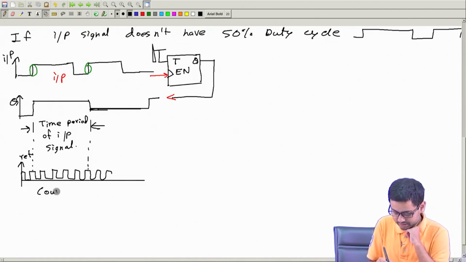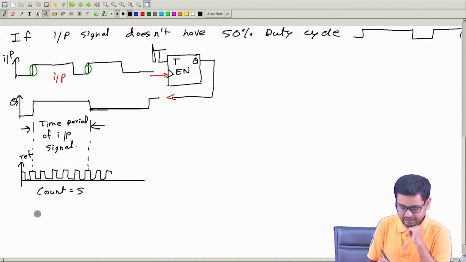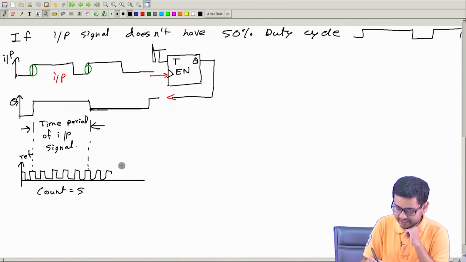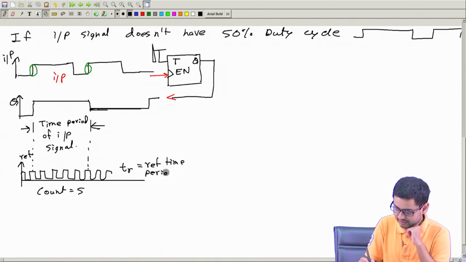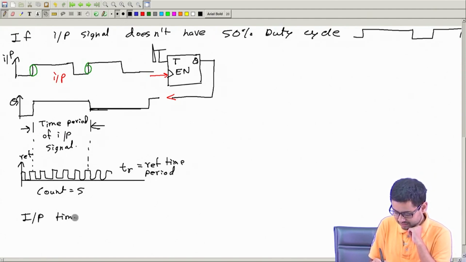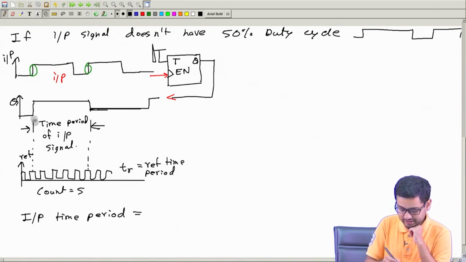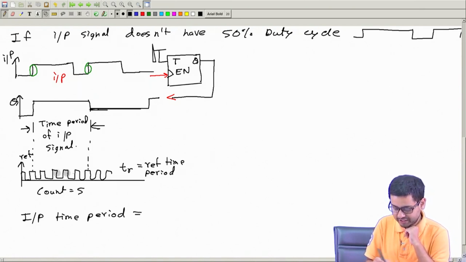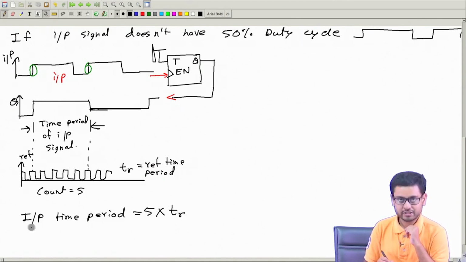So, count is equal to 5. And if this is the reference time period T r, then the input time period is the same as 5 counts of the reference signal. So, 5 times T r.